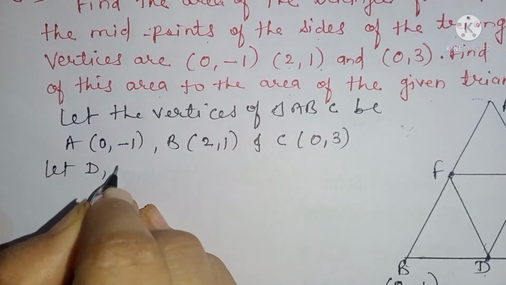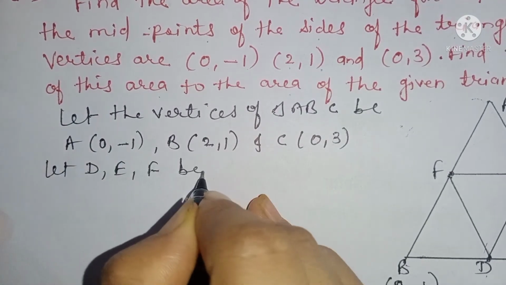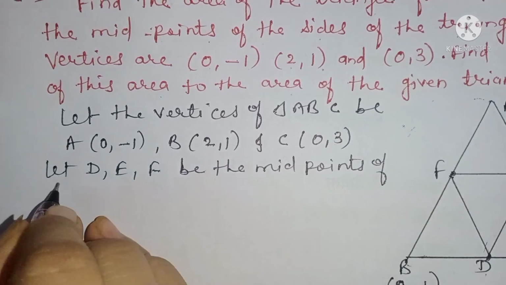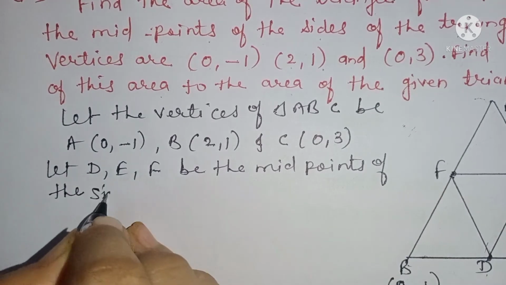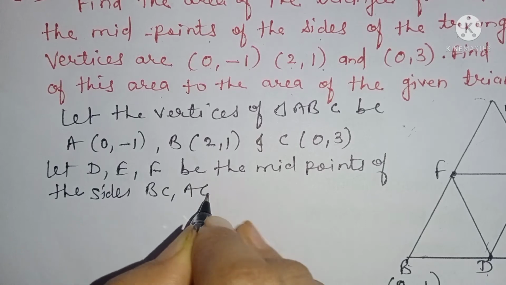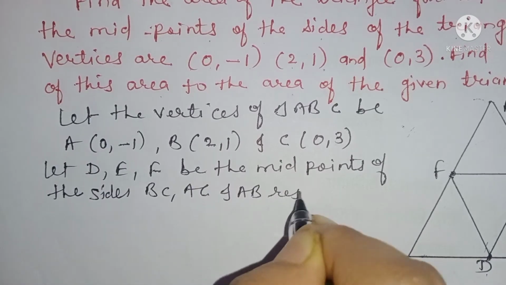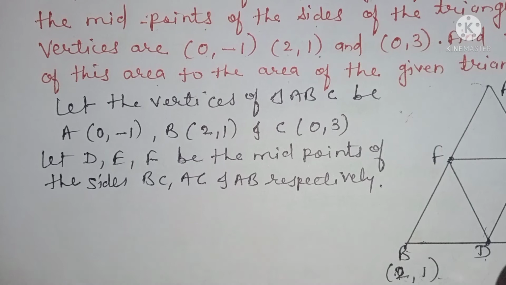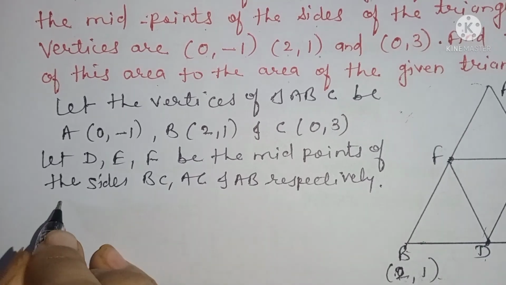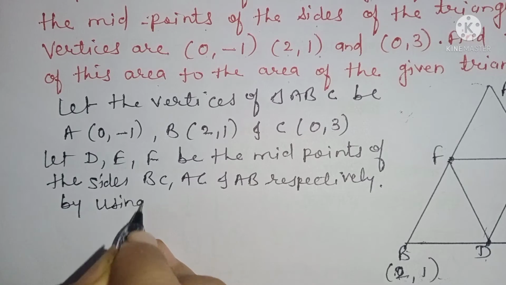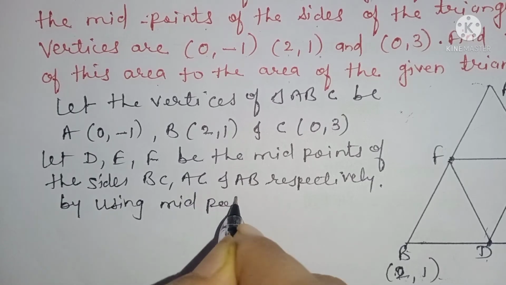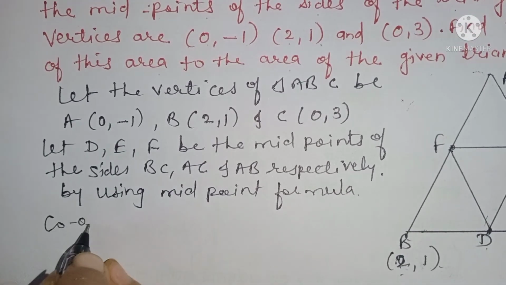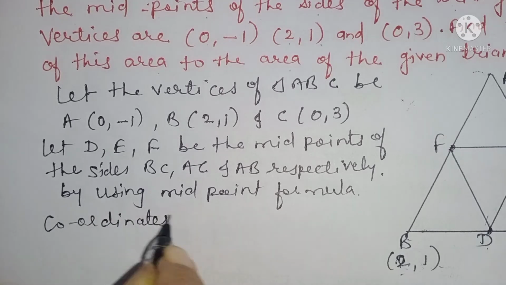And let D, E and F be the midpoints of sides BC, AC and AB respectively. Then we can find the coordinates of D, E and F by using the midpoint formula. Then by using the midpoint formula, we can find, first of all, the coordinates of D.